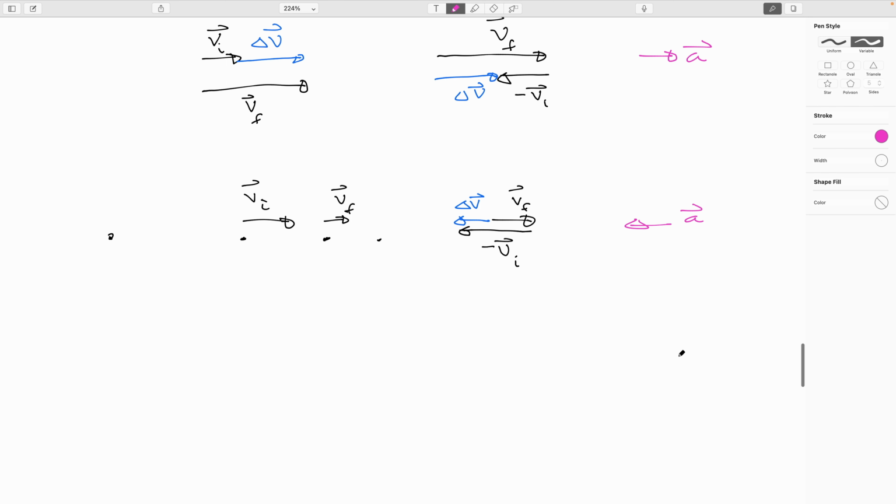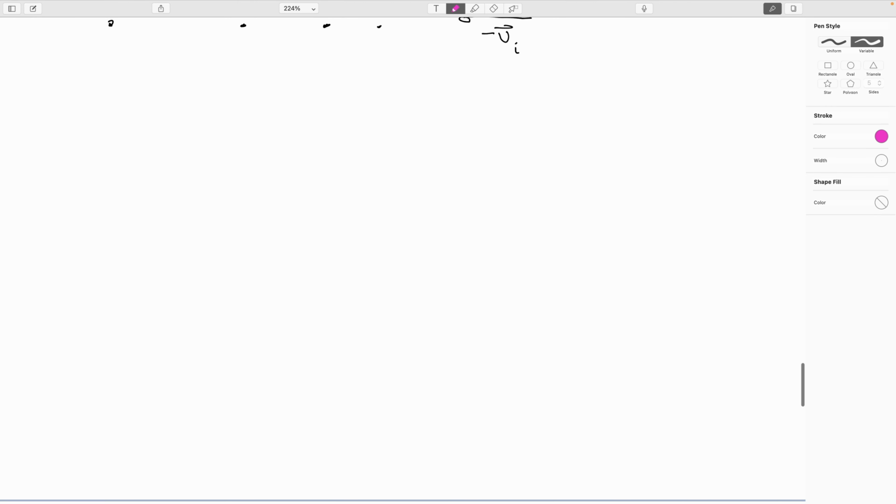All right. So let's start to see what this looks like if I make different velocity time graphs and how I would interpret these. So for instance, here, velocity time.